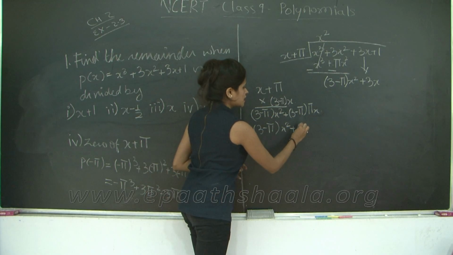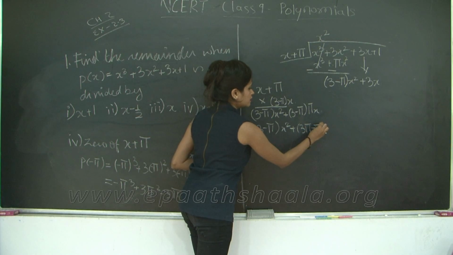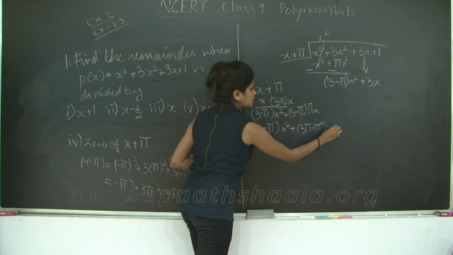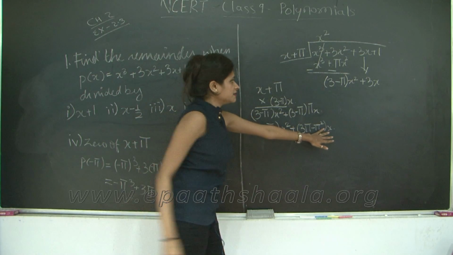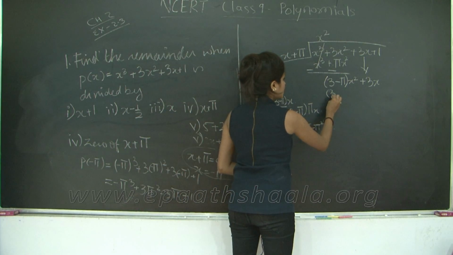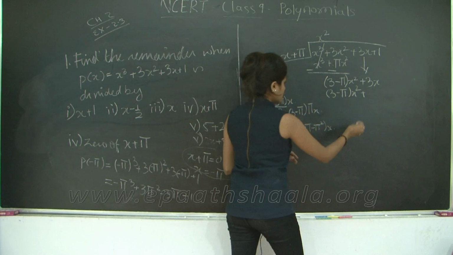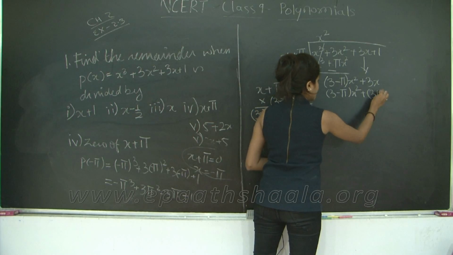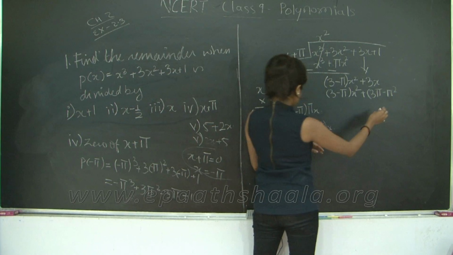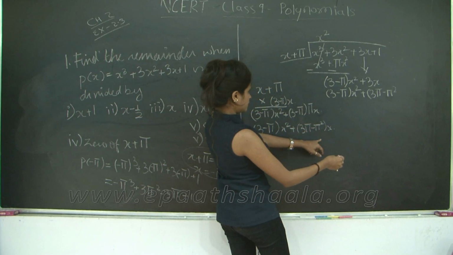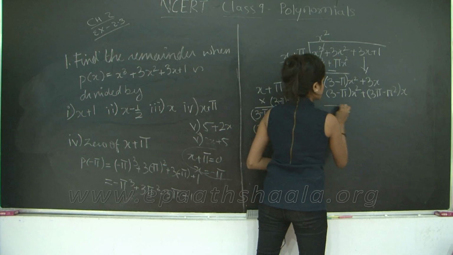So this becomes 3 pi minus pi square into x. Okay, because this will make the sum really easy. So 3 minus pi into x square plus 3 pi minus pi square into x, right?